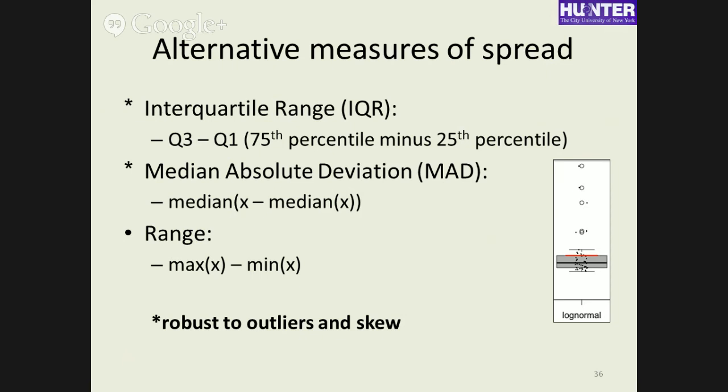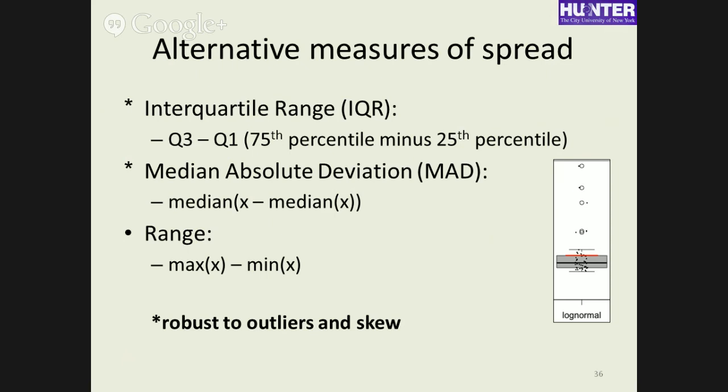So instead of squares of differences from the mean, it's just the differences of each value from the median. And actually, it's absolute. This should be an absolute value, and it's the median of those differences. And then range is just your maximum minus your minimum values. And I put stars by these 2 because they are robust measures. They're robust both to outliers and to skew.